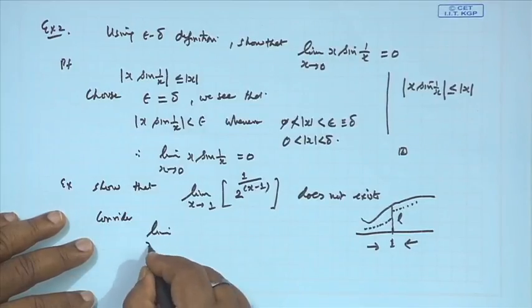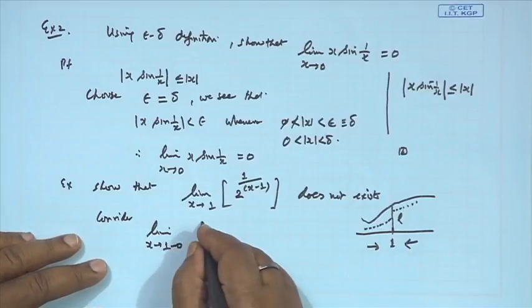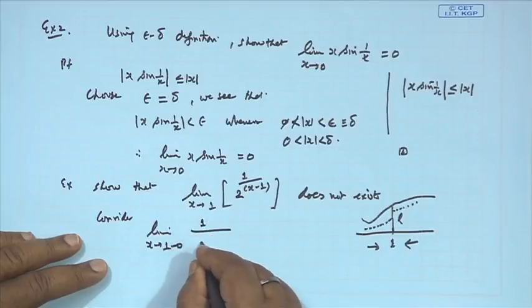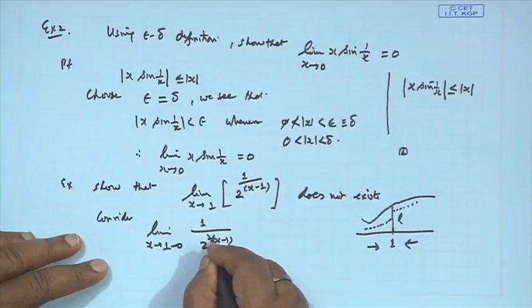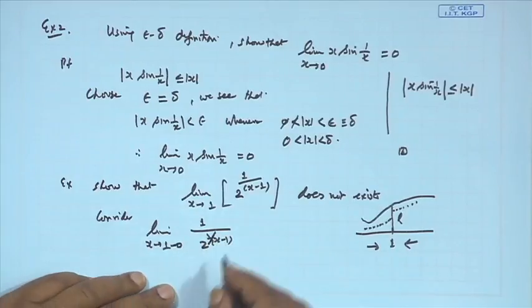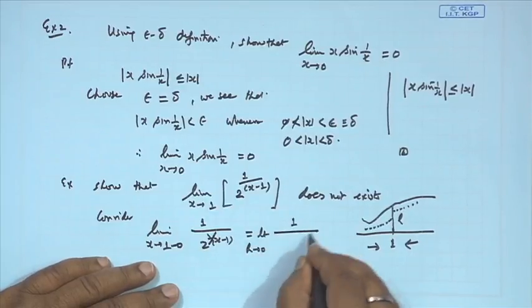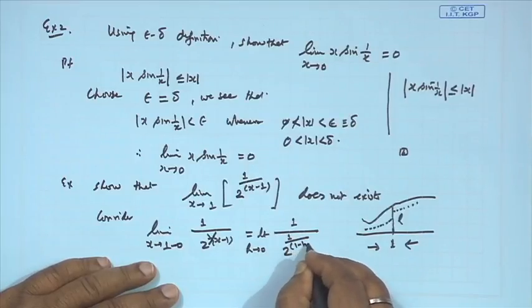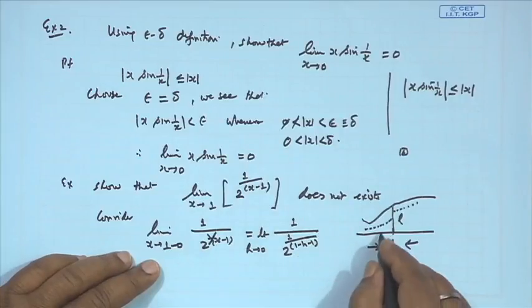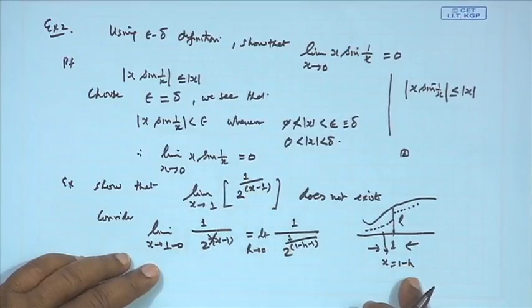the left hand limit, that is, from the left hand side, of 1 over 2 to the power 1 over x minus 1. Now this can be written as the limit h tends to 0 of 1 over 2 to the power 1 over 1 minus h minus 1, because this point is x equal to 1 minus h, which is on the left hand side of 1.